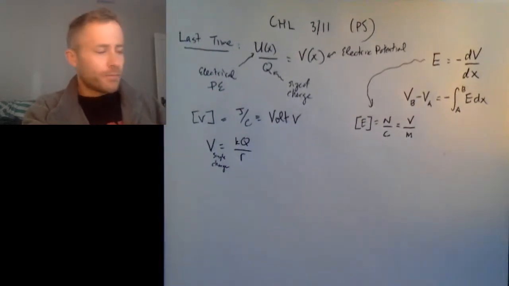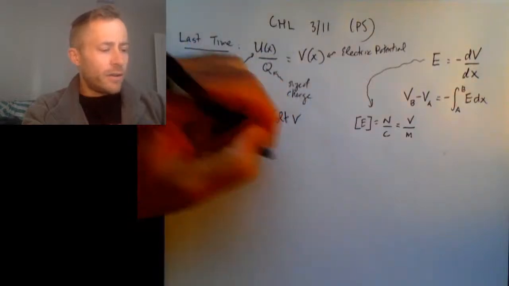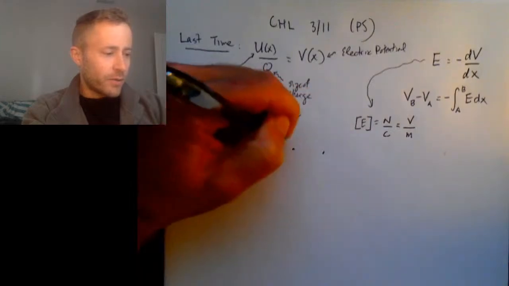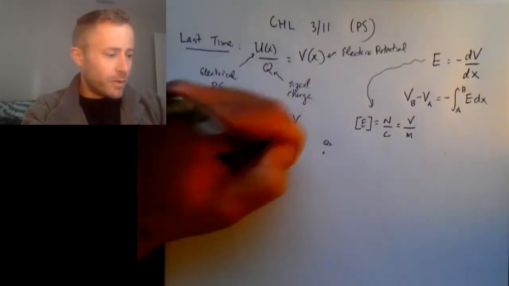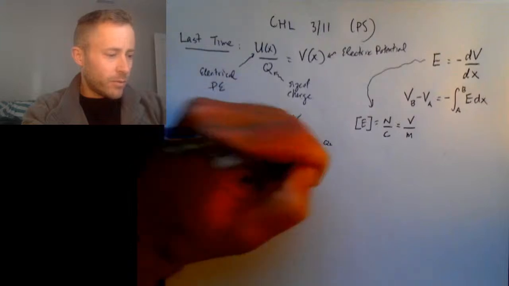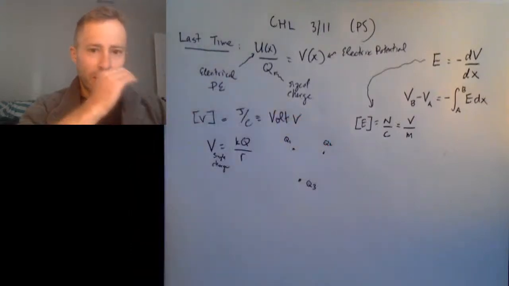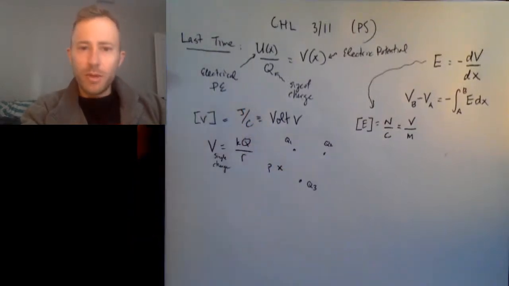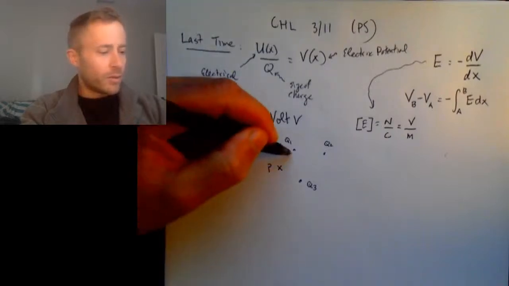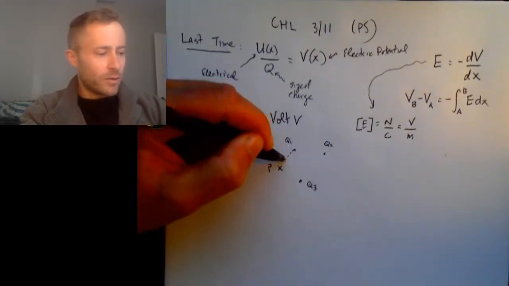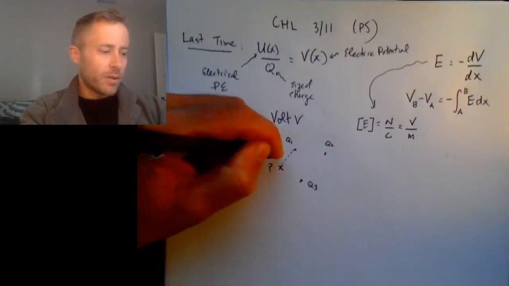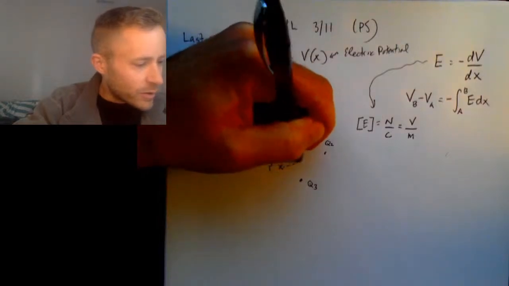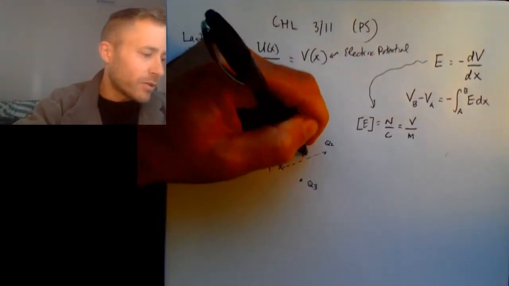And then if we want to know, let's suppose we have a number of charges. So we have Q1, Q2, maybe Q3, something like that. And what if I wanted to know the electric potential right here at the point P? Well, what I would do is I would look at what is the distance of Q1 from point P, and I would call that R1. And then I would look at what is the distance of Q2 from point P, I would call that R2.